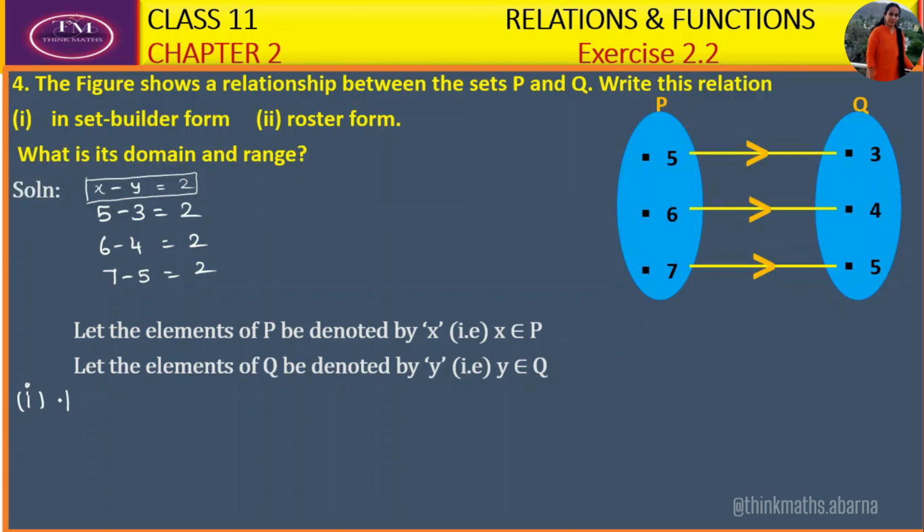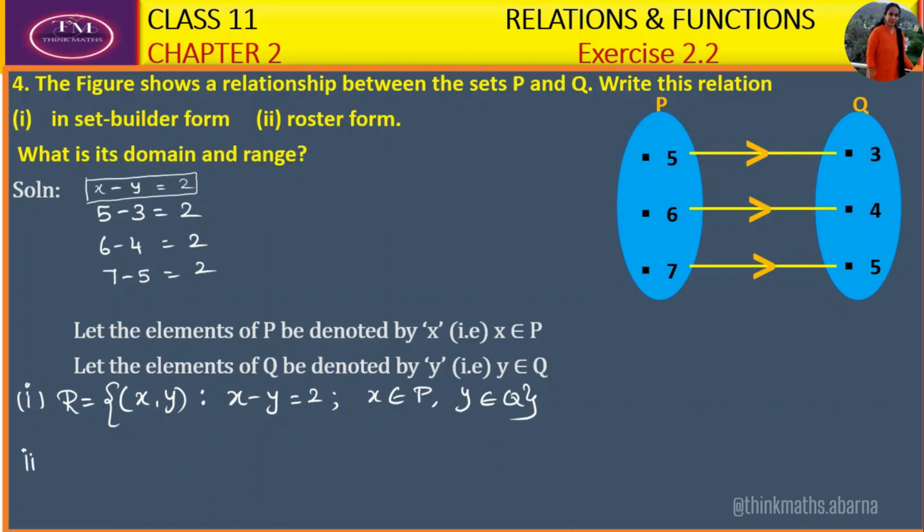Set builder form means R is the relation such that what are the ordered pairs? x comma y such that what is the relation? x minus y is equal to 2, and this x should belong to P and y should belong to Q. So this is the set builder form for the given relation.